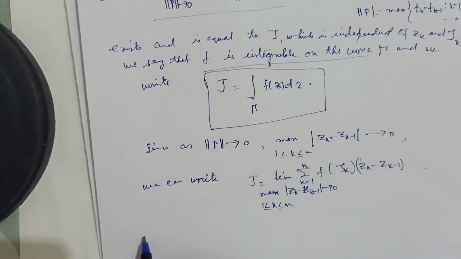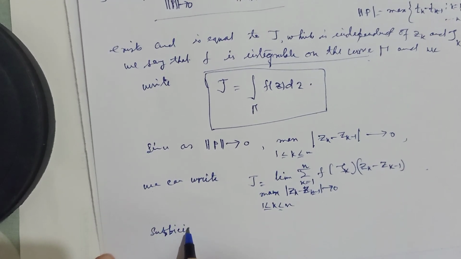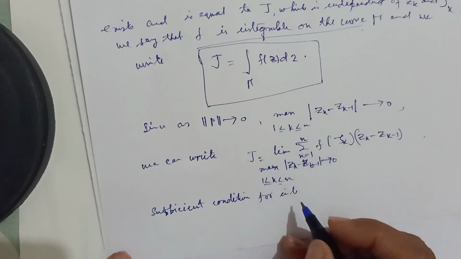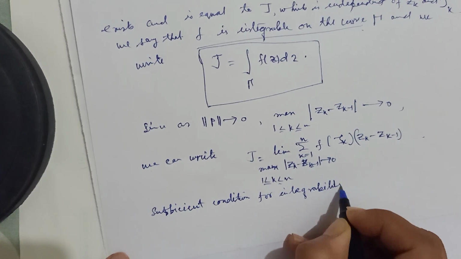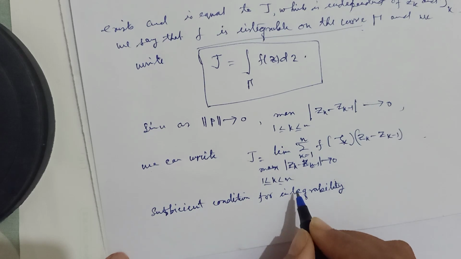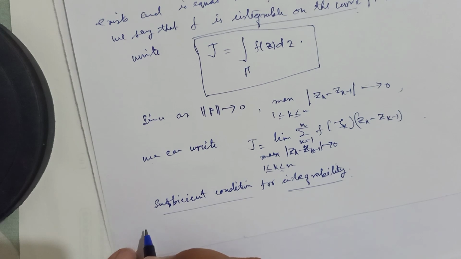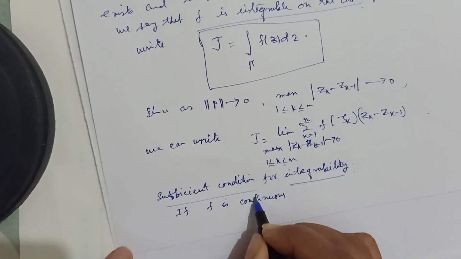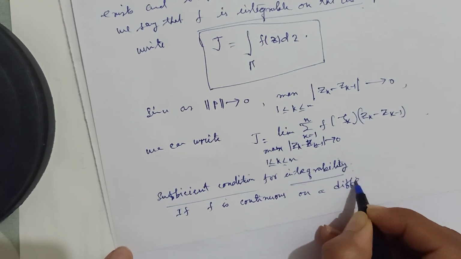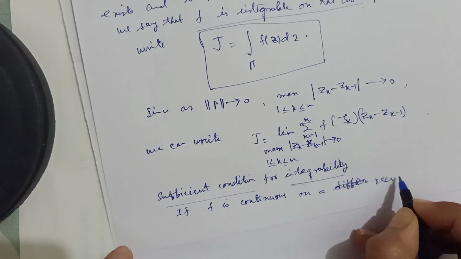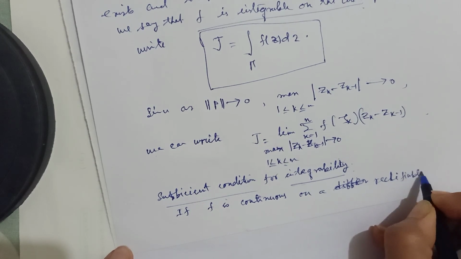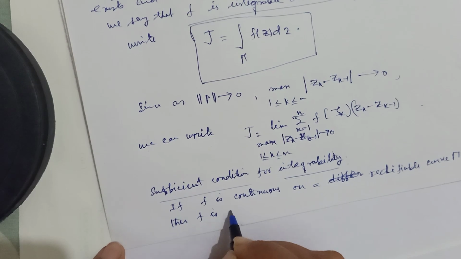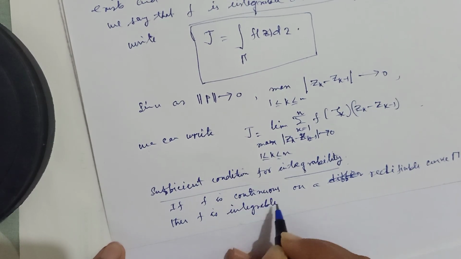And now the sufficient condition for integrability: if f is continuous on a rectifiable curve gamma, then f is integrable on gamma.